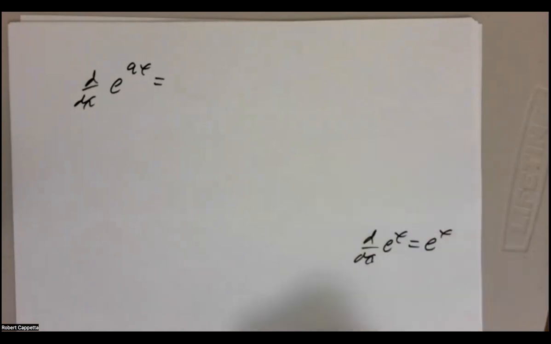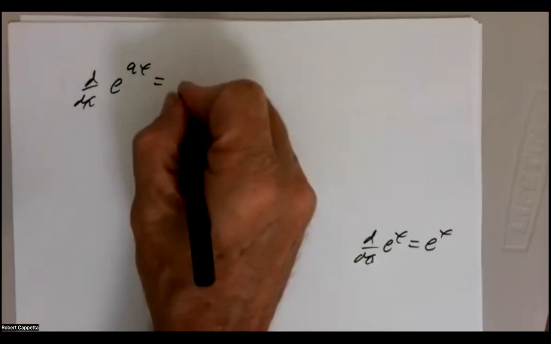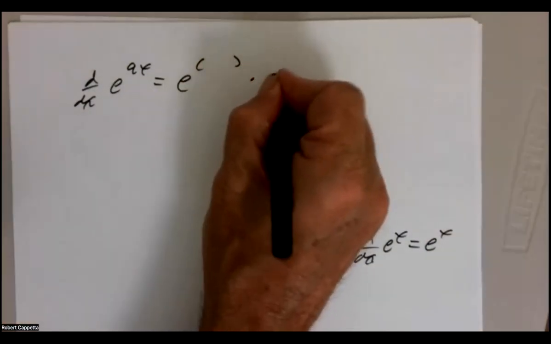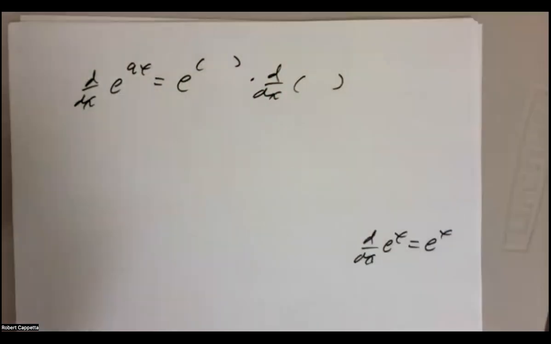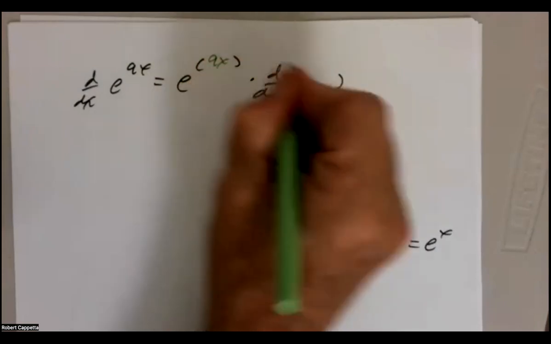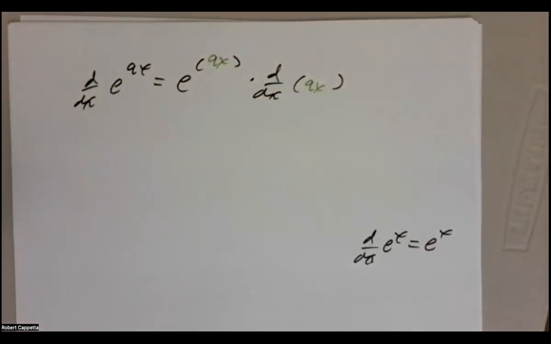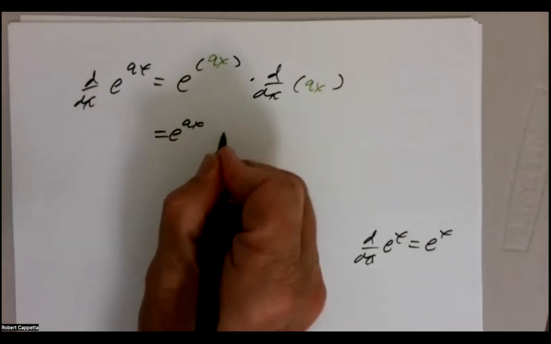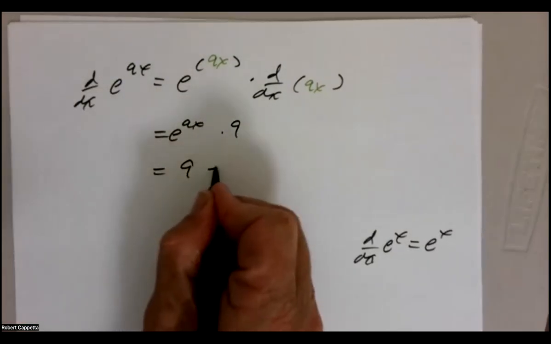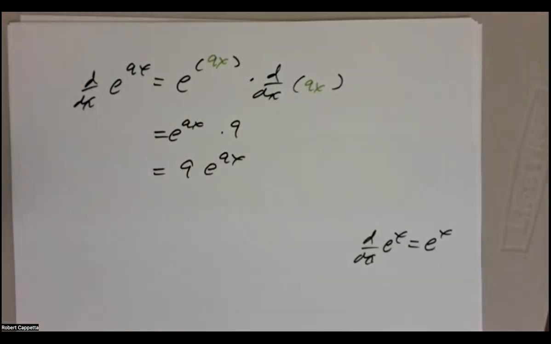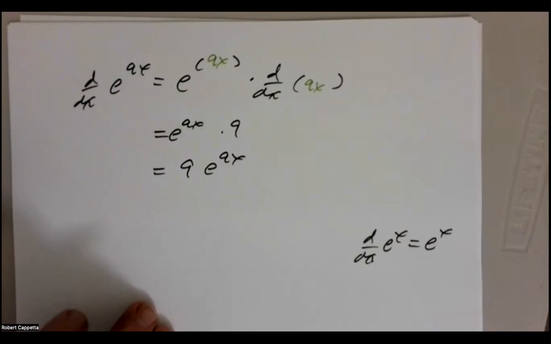So the derivative of e to the something is e to the something times the derivative of the something. What's the something here? 9x. So it's e to the 9x times 9, which we normally write as 9e to the 9x. The next problem, though, is going to require us to use the product rule. So good reminder of that one.